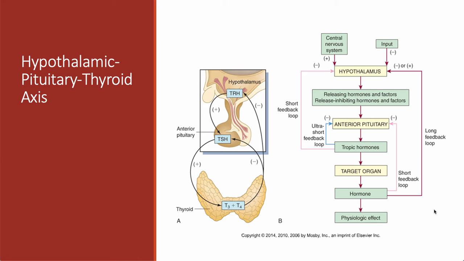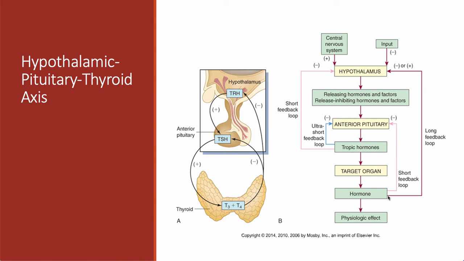Well, the way that works is the T3 and T4 circulate in the bloodstream and are sensed by the anterior pituitary gland. And so the anterior pituitary sees that there's plenty of T3 and T4, so it's going to use this negative feedback to slow down the production of TSH.